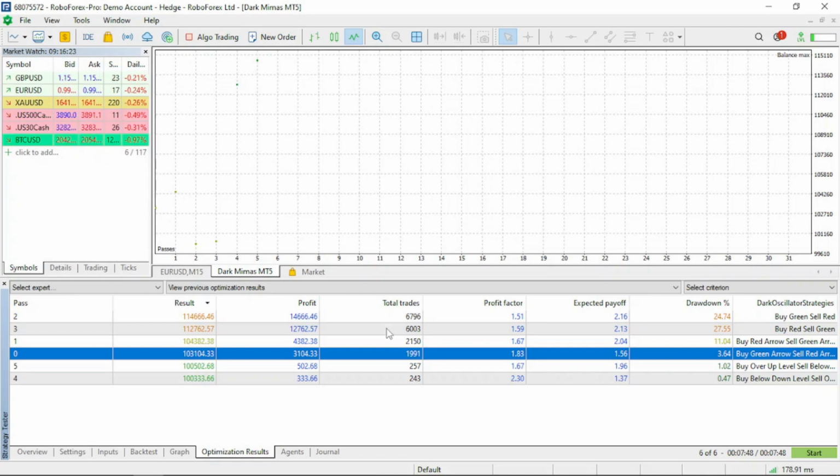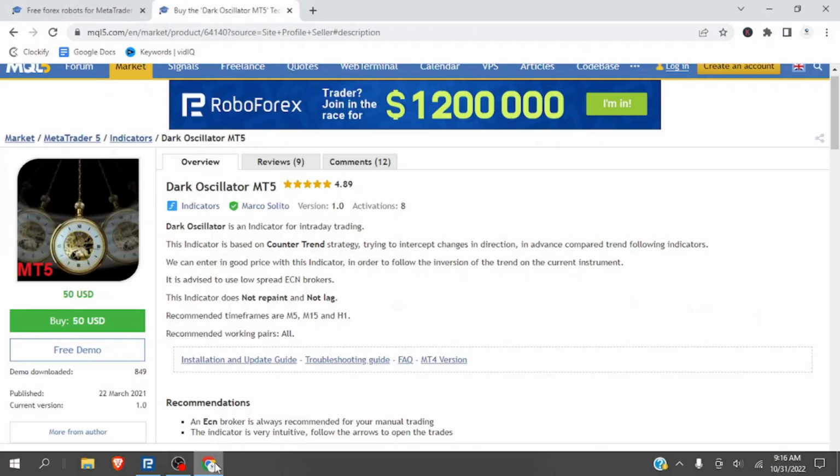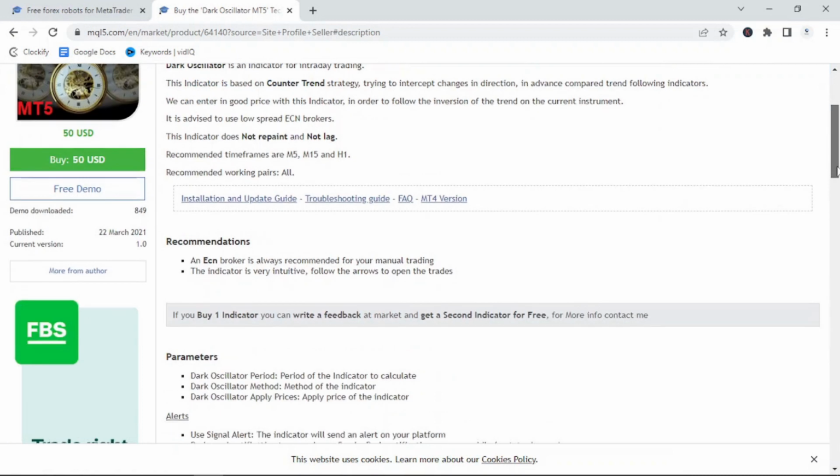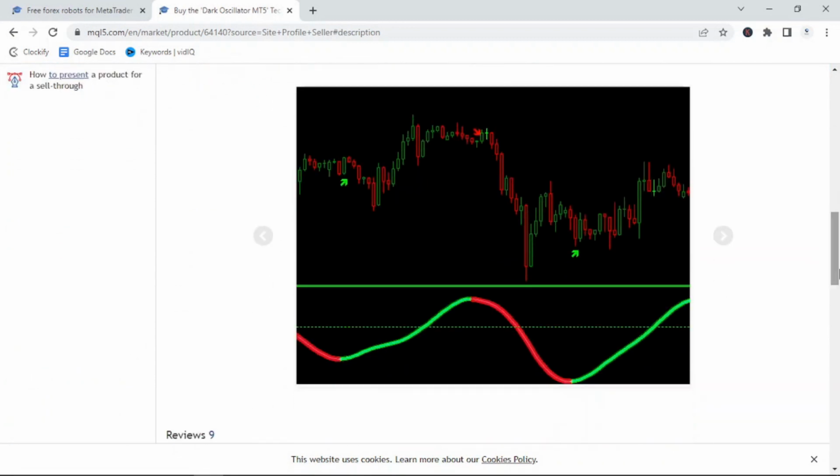So we'll see the buy green, sell red, and buy red, sell green have a lot of trades, and both of these strategies were profitable. All 6 of the strategies were profitable during the period tested. For me, it is important to compare the return percentage to the risk percentage.